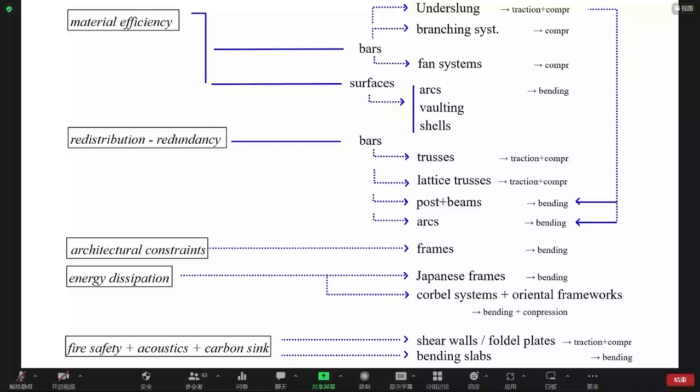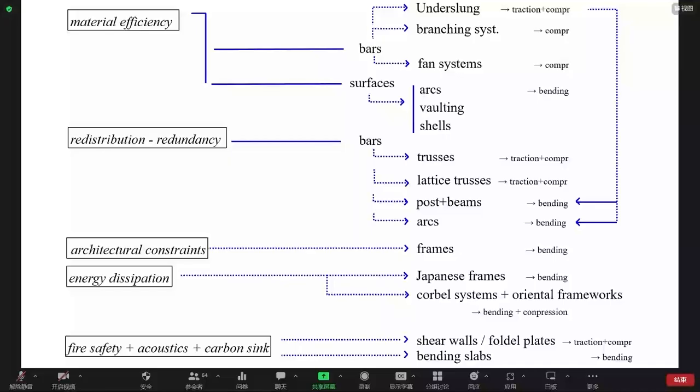But going to material efficiency, this is more with bars and surface systems. I won't be discussing surface systems such as vaulting and shells, that's quite particular, but with bars, there are fan systems and branching systems, for instance. You will have several examples of that kind that will be put forward.